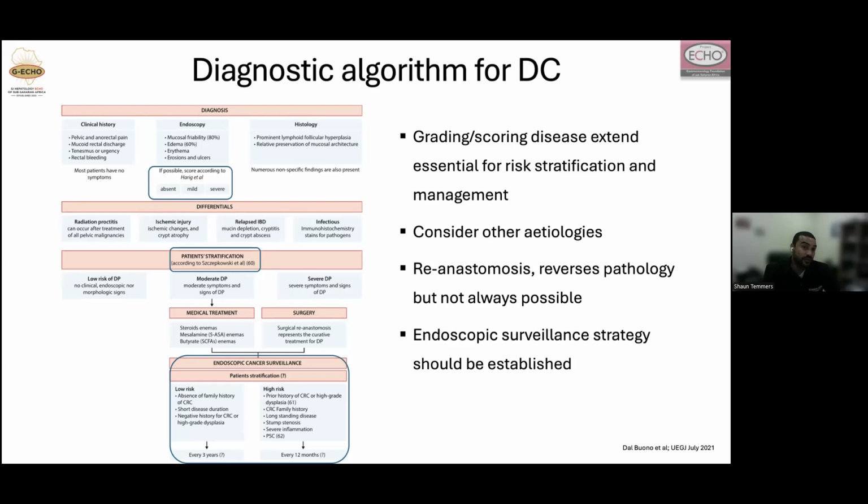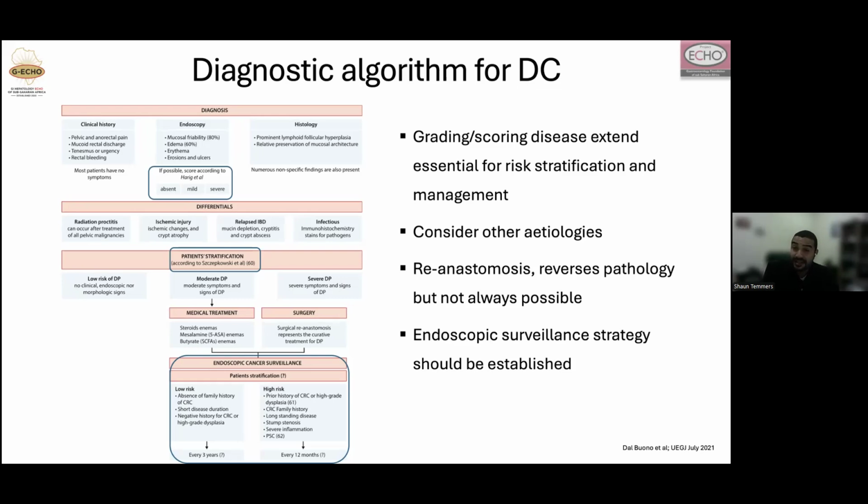If possible, you should score them according to Harig's scoring system, whether the disease is absent, mild, or severe. Once you've done that, patient stratification should be done. Does this patient fulfill features that make them low risk, moderate, or severe diversion colitis?